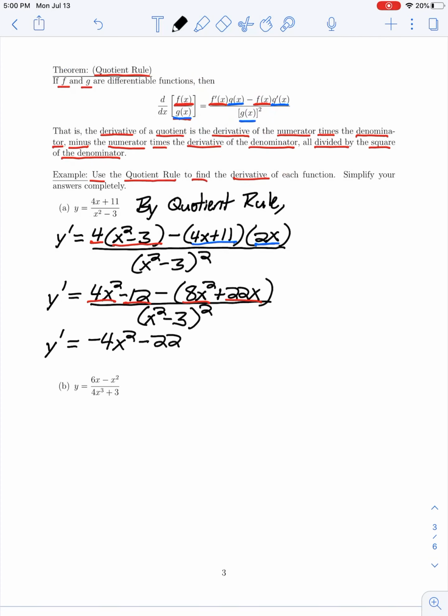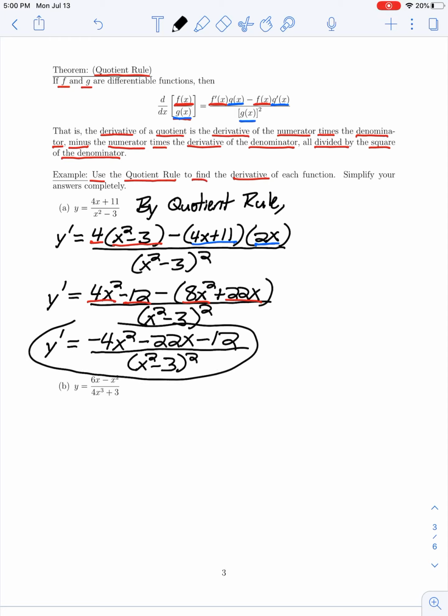So I have negative 22x minus 12, and the whole thing is still being divided by x squared minus 3 quantity squared. So we have the following simplified expression for the derivative of this quotient.